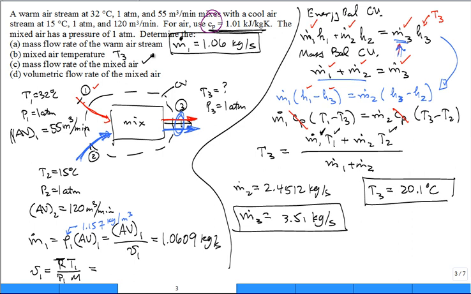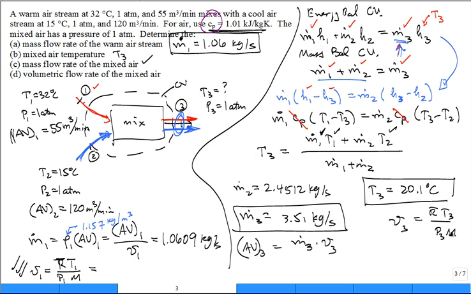Last one, what's the volumetric flow rate of the mixed air coming out? What's AV of 3? Well, the volumetric flow rate's the mass flow rate of 3 times V3. Is that true? And V3 is found just like you found V1. It's equal to R bar T3 divided by P3 molar mass of air.